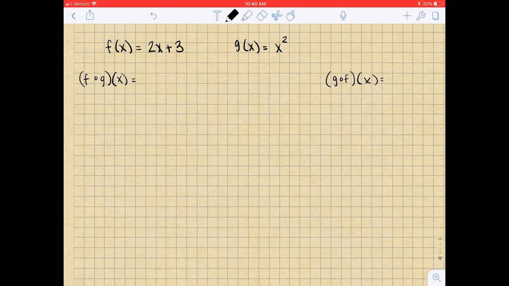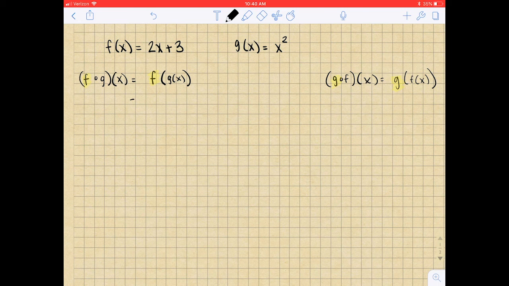So probably the easiest way to do this is to rewrite the notation as f of g of x. And then in the other case, it's g of f of x. You'll notice that the way I'm figuring that out is whatever letter comes first represents my outside function. Same thing over here. G came first, so that represents my outside function.